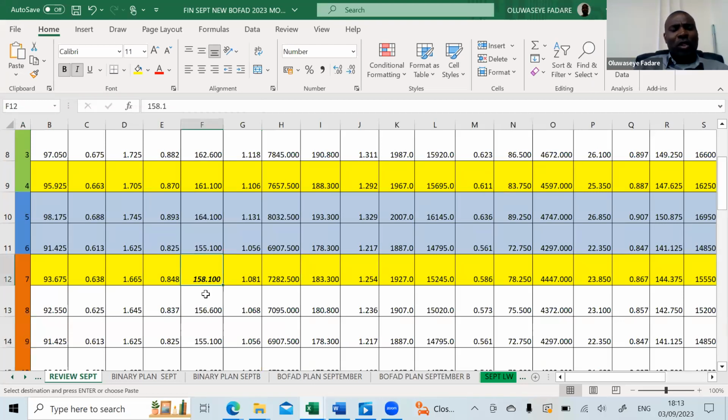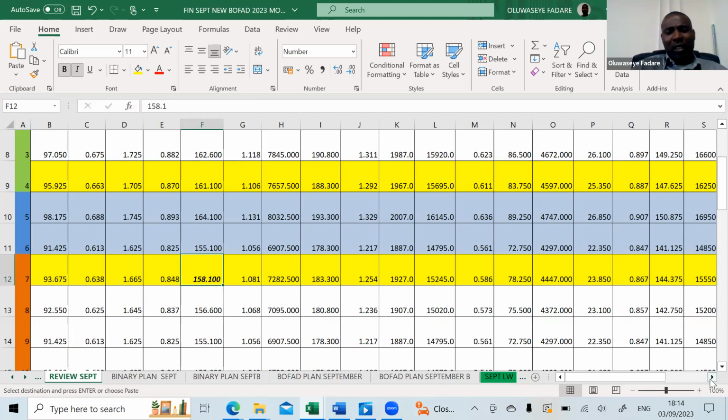Okay, so if the market should go above 158.1, then we monitor the market. So once the market goes above 158.1, then we control the market between 158.1 and 157, which is the current low.